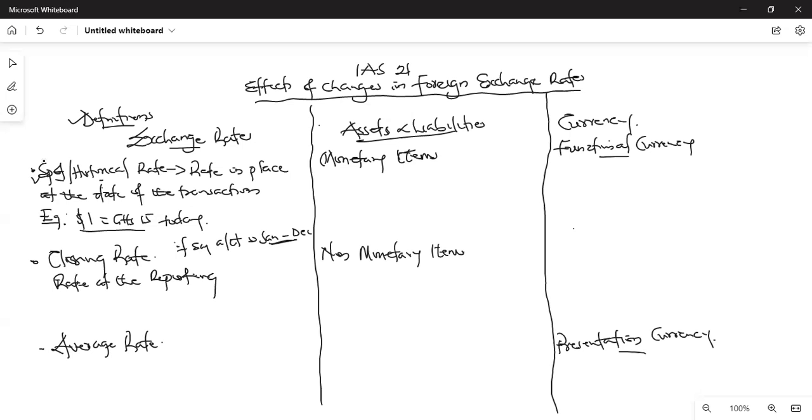So that is how the transaction is going to be. Now, if the year ends, the last day on 31st December, there will be a rate to close the year, and that is what we call the closing rate, all right? So the rate at the reporting date, all right, 31st December, is the closing rate. Okay, so that is that.